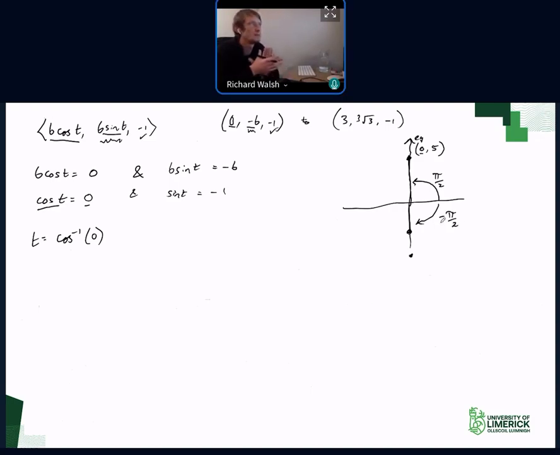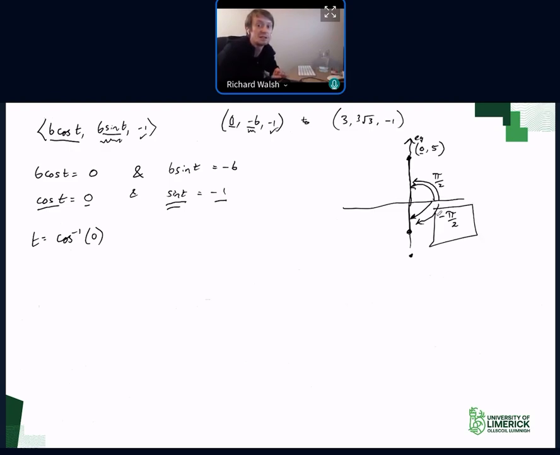Right? So you do need to kind of take that leap into, yes, the x coordinate is 0 at pi over 2, but it's also 0 at minus pi over 2. And this one then is saying the y coordinate is minus 1. Well, the y coordinate is not minus 1 at pi over 2, but it can be minus 1 at minus pi over 2.